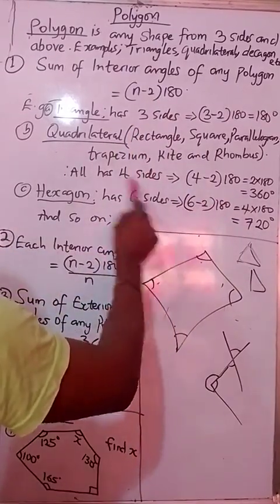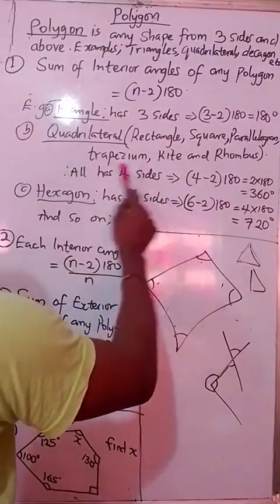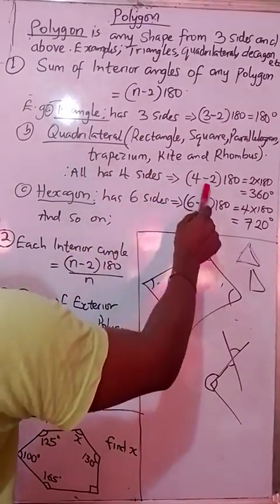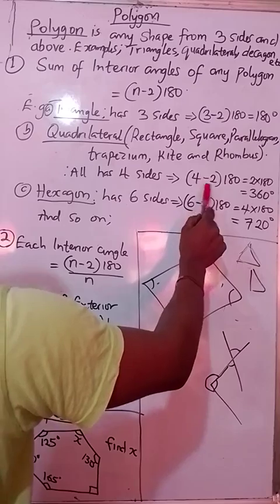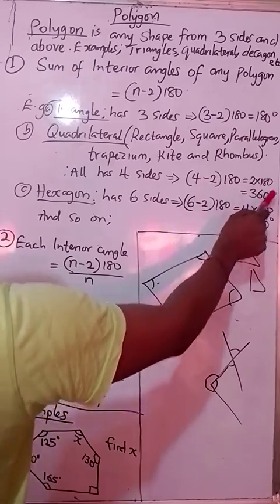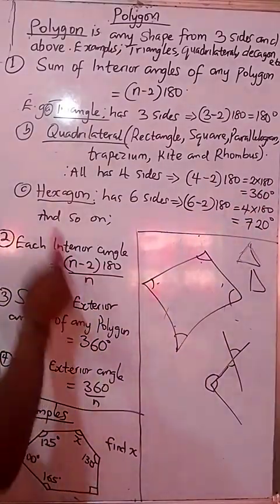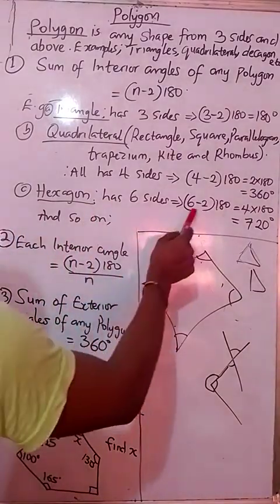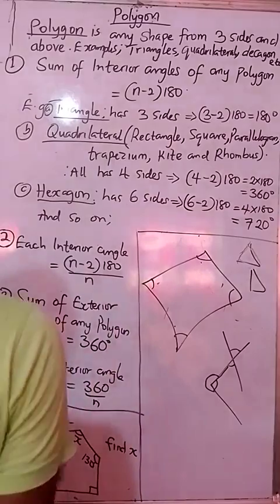So for a quadrilateral, 4 minus 2, because it has 4 sides. That's 2 times 180, that's 360.